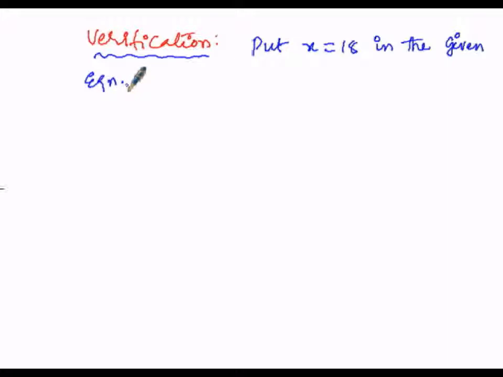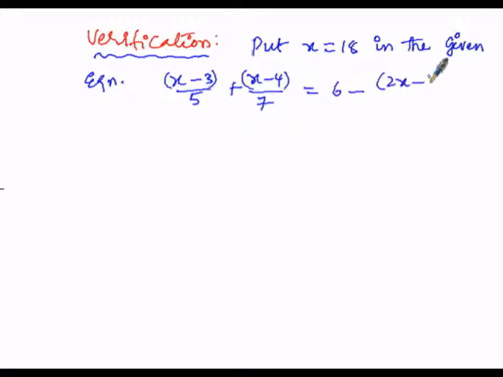that is x minus 3 entirely divided by 5 plus x minus 4 entirely divided by 7 is equals to 6 minus of 2x minus 1 overall divided by 35. So here at x is equals to 18, let us substitute, wherever x is there, x must be replaced by 18.